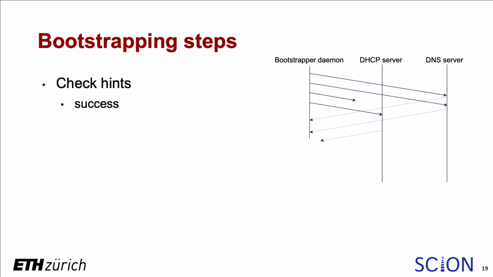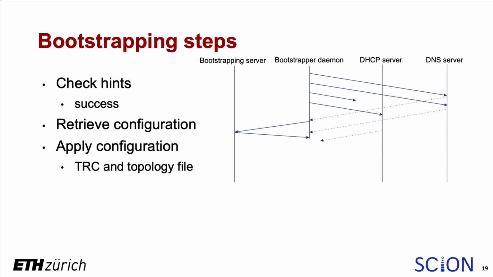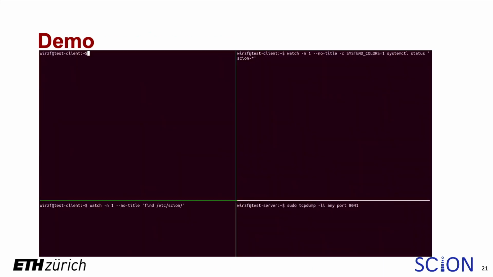As soon as we receive the first reply to those requests, we start fetching the configuration from the bootstrapping server. And then we apply this configuration. So we configure our SCiON daemon and the SCiON dispatcher on our host using this TRC and topology file. As soon as we have done that, we can start or restart the SCiON dispatcher and the SCiON daemon respectively.